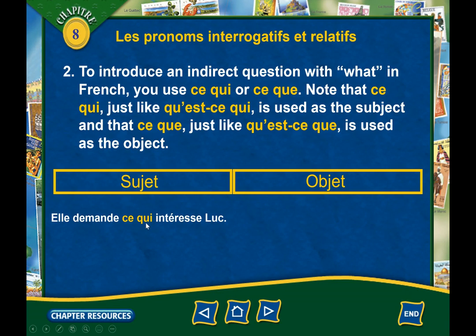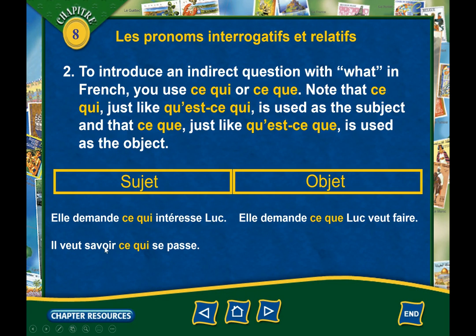So let's look at ce qui, which is going to be the subject. Elle demande ce qui intéresse Luc. She asks what interests Luc. Elle demande ce que Luc veut faire. She asks what Luc wants to do. Okay.